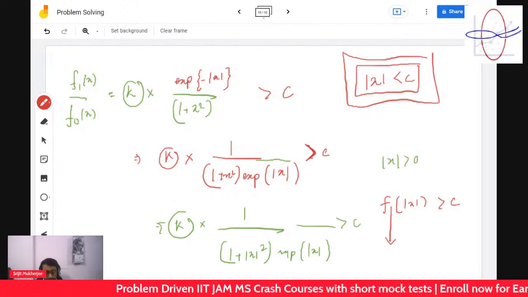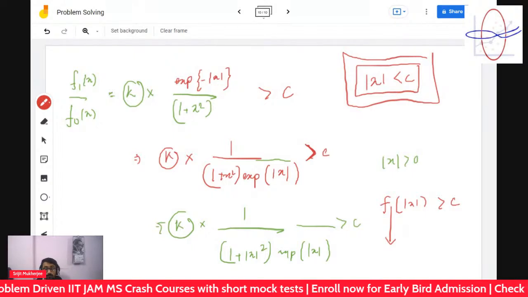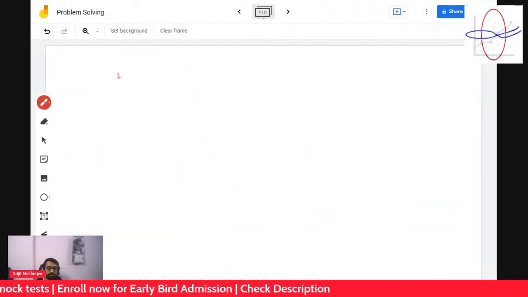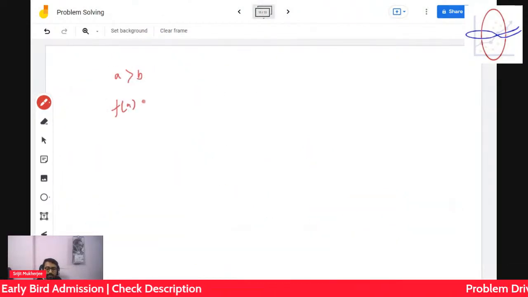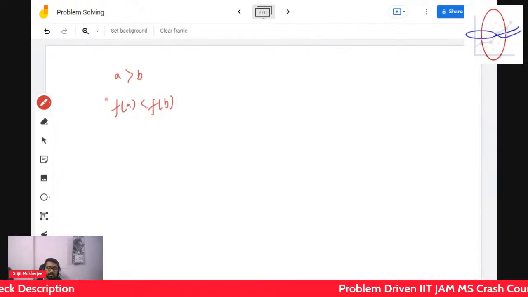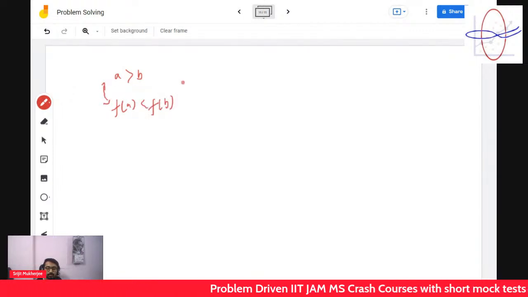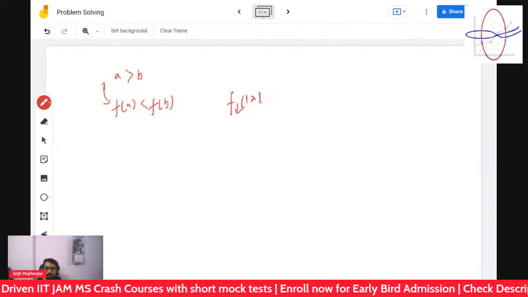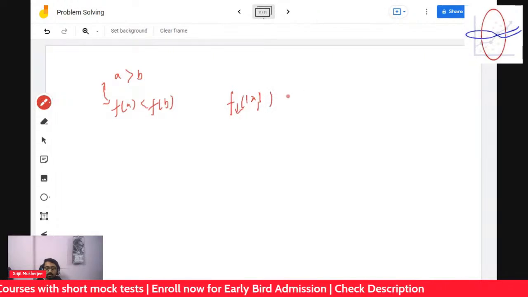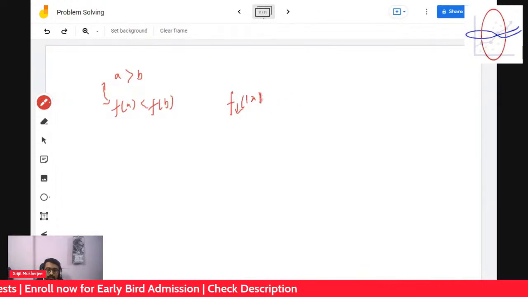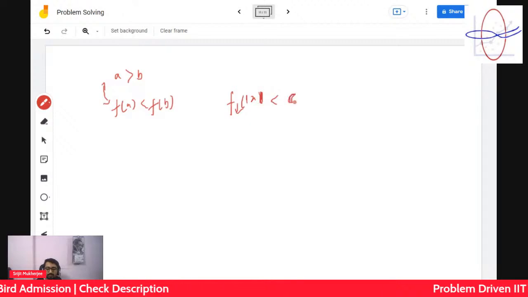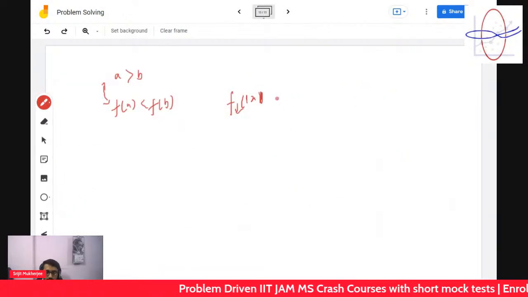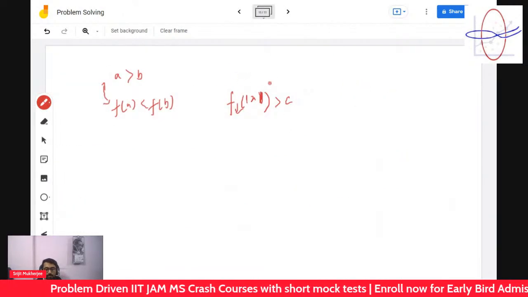Did you understand? So I have some problem with this: when it is a decreasing function, why do we reverse the sign? Oh, what is the definition of a decreasing function? If a is greater than b, then f of a is less than f of b, and vice versa. So here, if f decreasing of mod x is less than c, or it was greater than c, then what will happen?